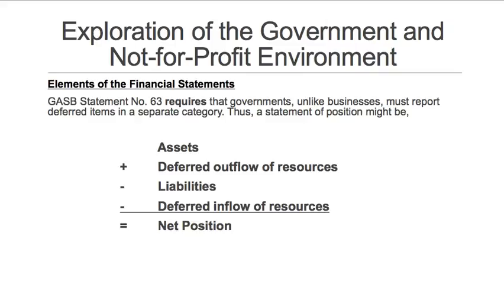Now, the modified accrual method differs from the full accrual you used in your previous financial courses. In the modified accrual method, revenues are recognized when measurable and available, and expenditures are recorded when incurred.